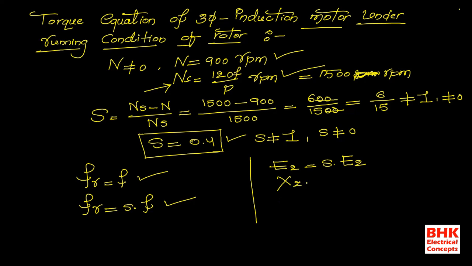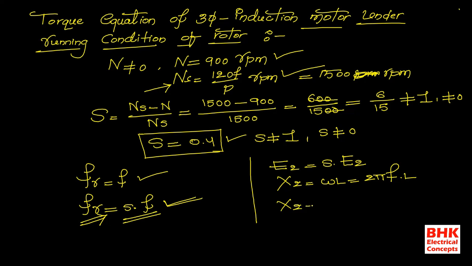Now X2 is also a frequency component. How can we identify whether X2 is a frequency component or not? By using the formula X is equal to omega L. So omega means 2 pi F and L is always L. Here you know that under running condition of a rotor, frequency is equal to S times the supplied frequency.